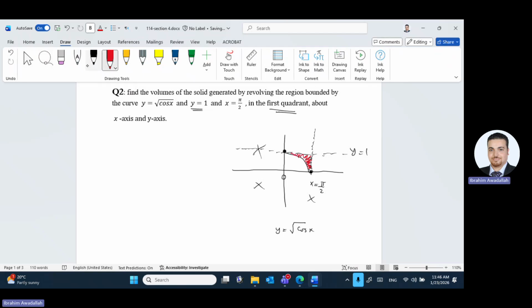Now we have problem with this question. I ask about x-axis and I should write another about here, y-axis. So it seemed like not one question, two questions. This will be A, this will be B. A, by revolving about x-axis, that means like this, the revolving. So the shape will be something like this, something like this.